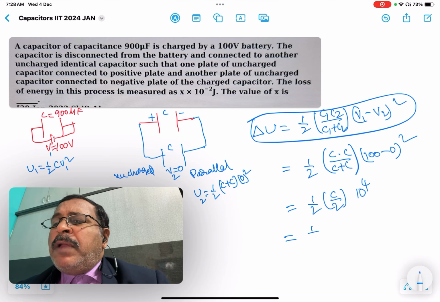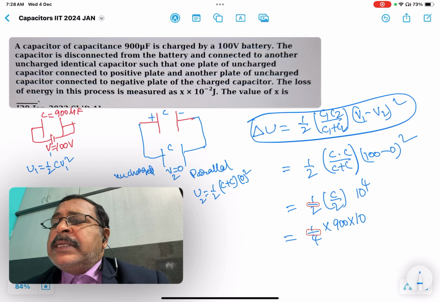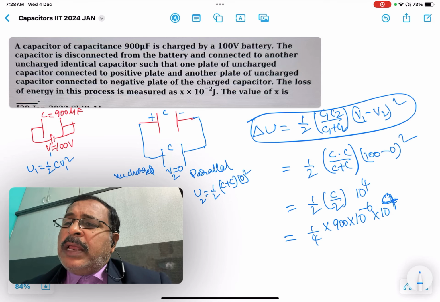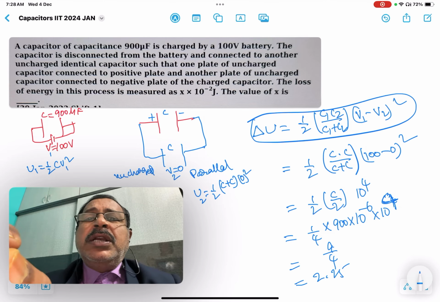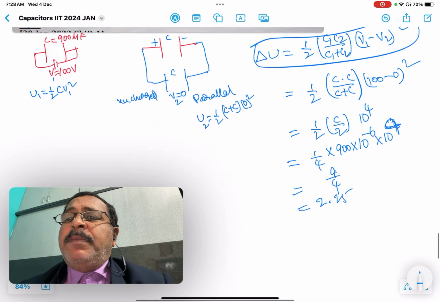So 1 by 4, C value 900 into 10 power minus 6, into 10 power 4. So then what happens? 9 by 4 we are getting 2.25. So this is the answer, 2.25. You can fill up the blank.